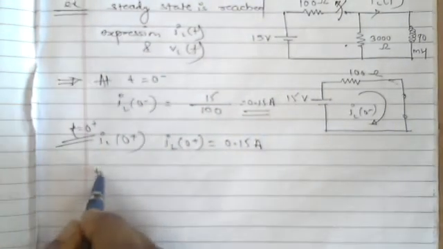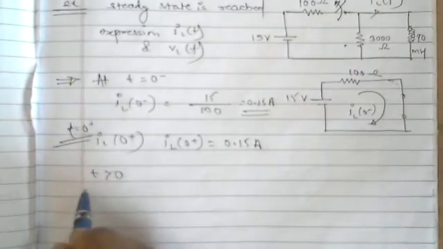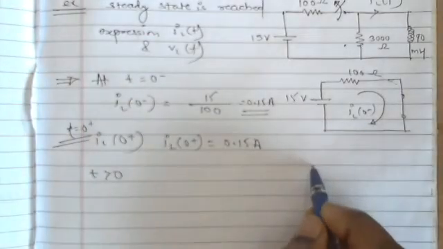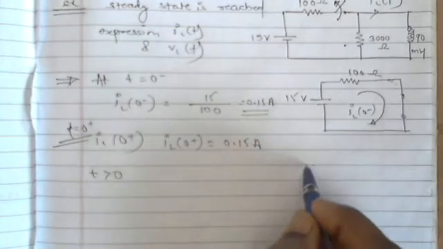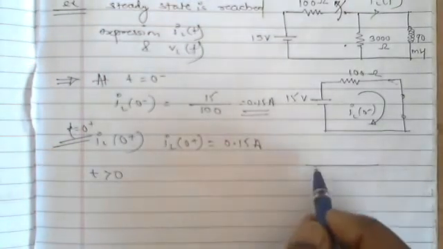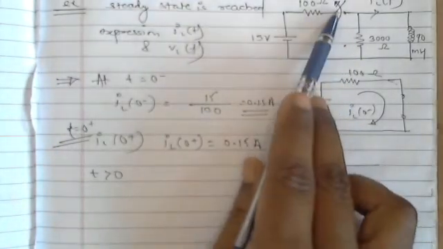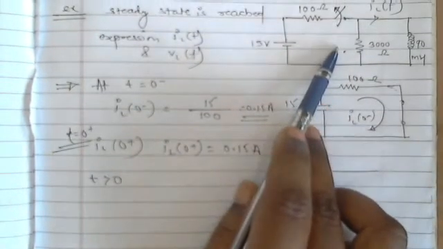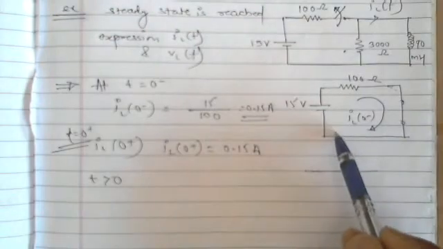Now I will draw the circuit for t greater than 0. At t greater than 0, what will be the circuit? I will draw the circuit like this. See, now the switch is open. Previously the switch was closed, so at t = 0 minus, this was the circuit.